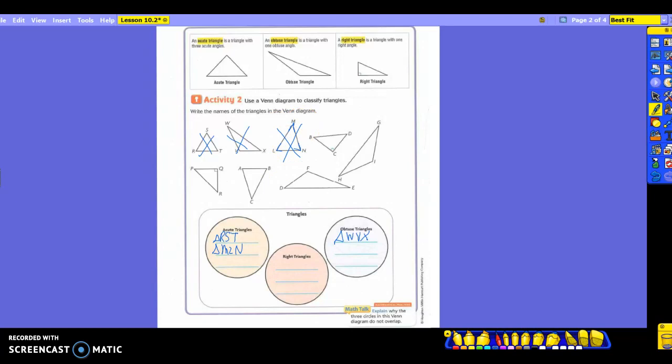All right, Bailey, can you tell me where the next one goes, please? Right triangles. Logan, can you tell me where the next one goes, please? Obtuse. Okay. Are we agreeing with these? All right. Stop this if we're not. Kenzie, what about the next one? Let's go down over here.